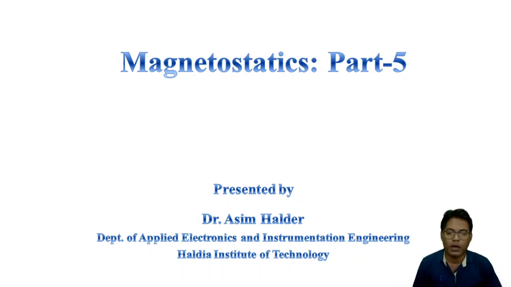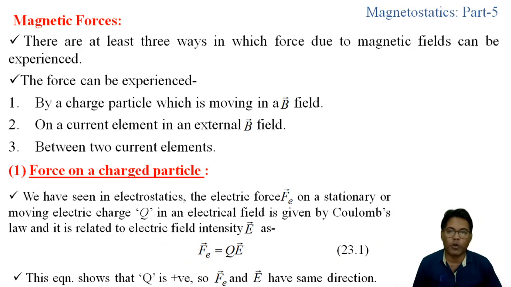So let us start with the point, that is the force due to the magnetic field. Here there are at least three ways by which the force due to the magnetic field can be experienced.